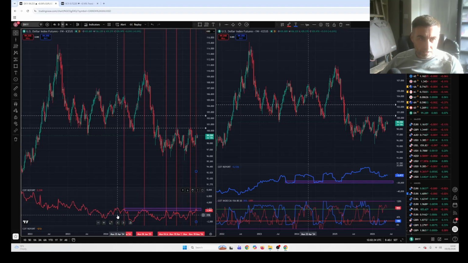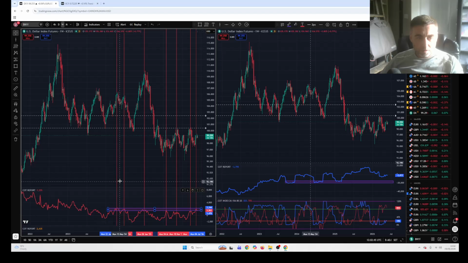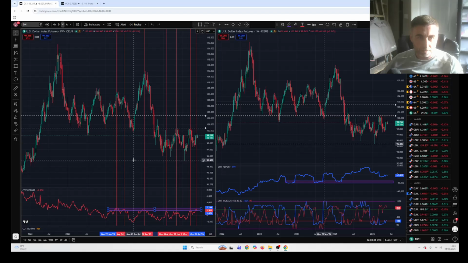So as you can see, once the retailers reach roughly this level here, with the red line, we got a drop. Further along again, a few months down the line, again we got a massive, huge drop.